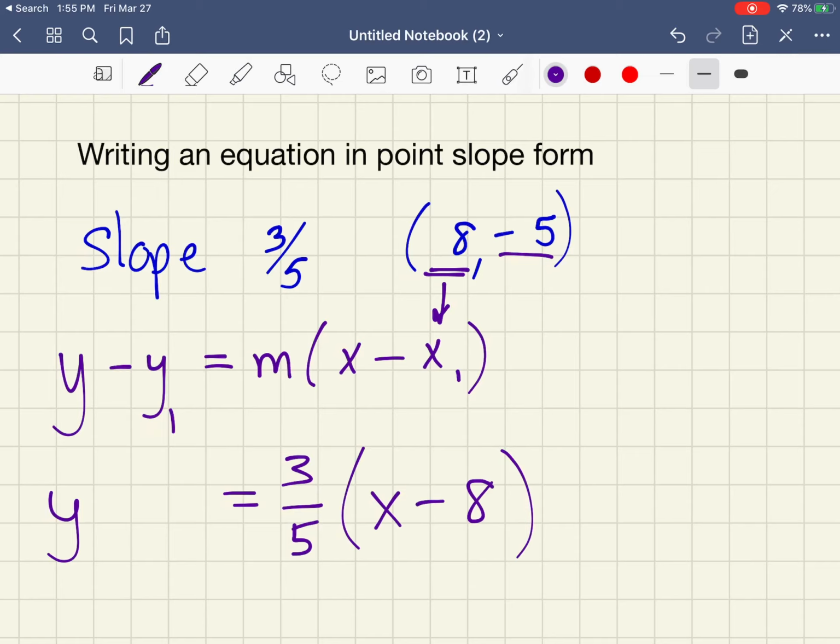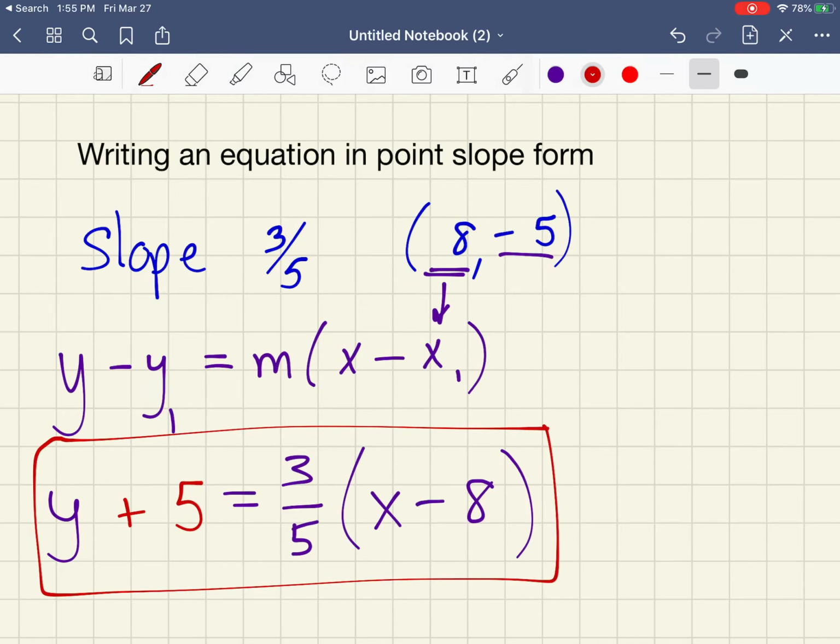And then the negative 5 from the point is going to go into the y1. And what we will have is a minus a negative 5. But since it's minus a negative, we can write that as plus 5. And we're done. That is the answer for that first example.